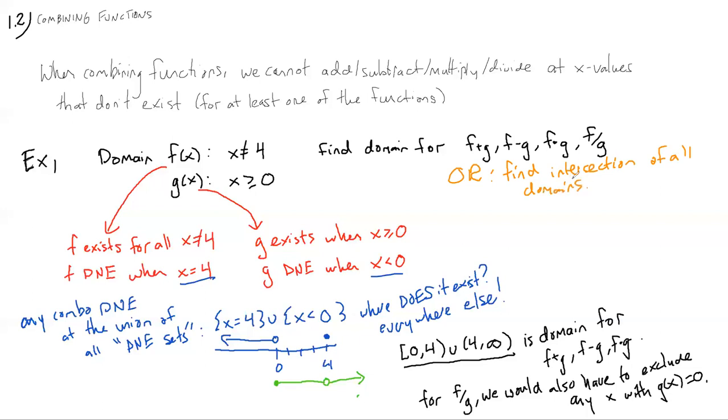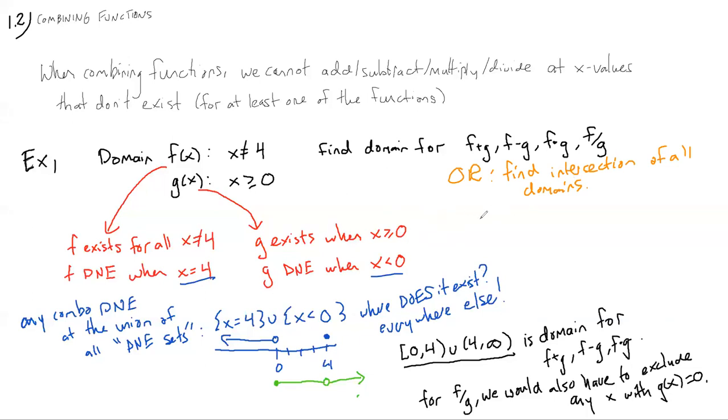So instead of throwing out the union of the rejects, we can think of this logically as the only way the domain exists is if it exists for both f and g, which means it has to be in the set of existing for both of them. So it's in the intersection of those sets.